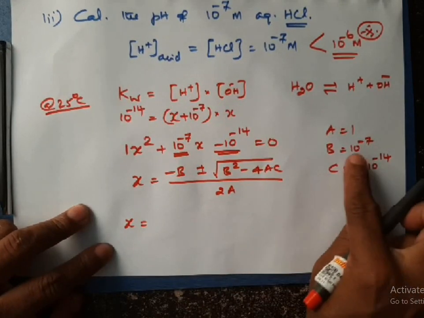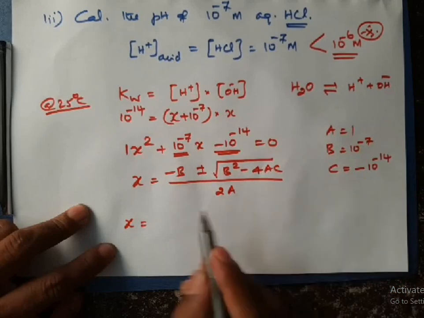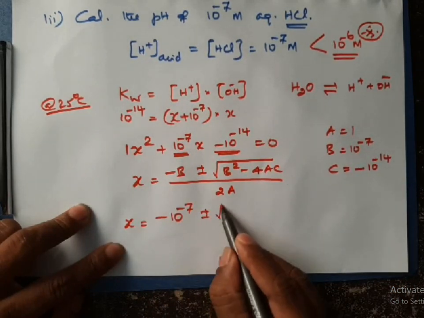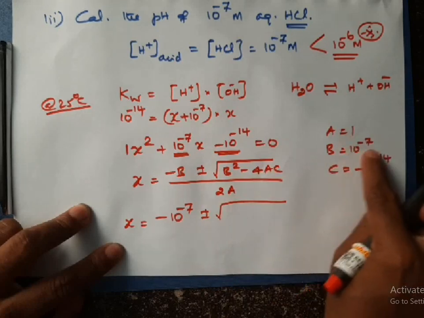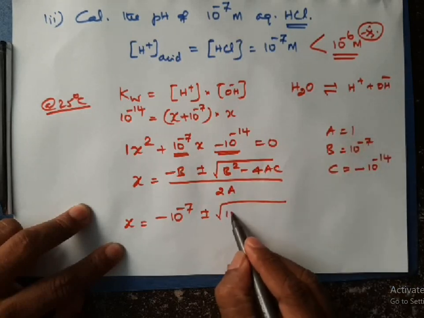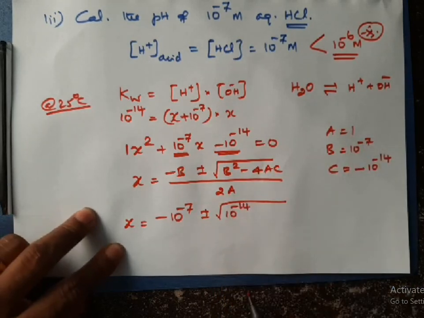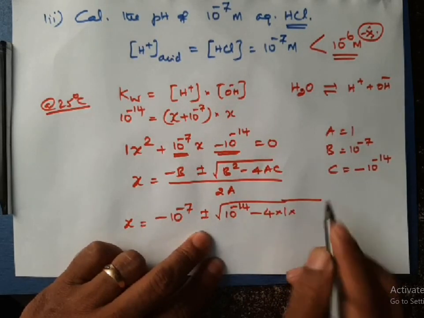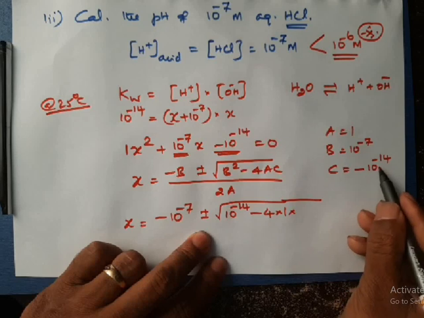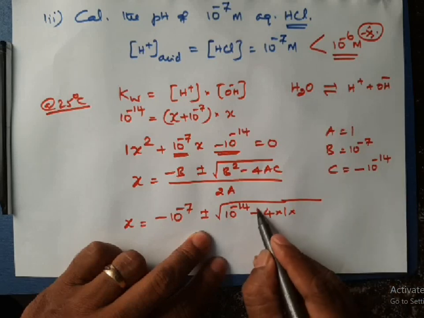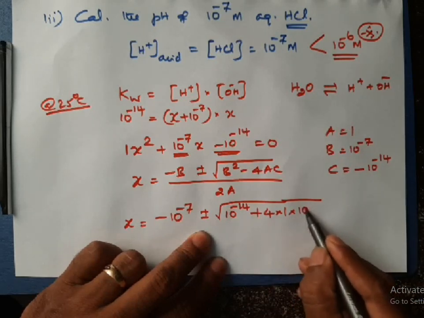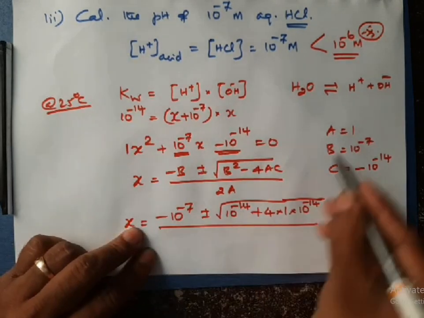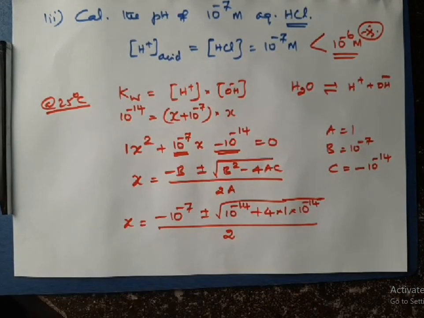X is equal to minus 10 power minus 7 plus or minus square root of B square. If I take the square of this value, I'll get 10 power minus 14, minus 4 into A value 1 into C value minus 10 power minus 14. So minus and minus become plus 10 power minus 14, divided by 2A, so divided by 2.